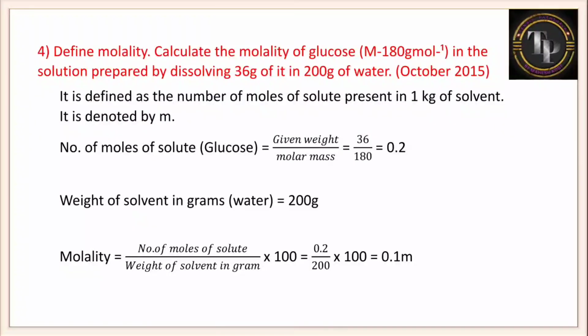So you will get 1 molal. You remember the formulas, guys, very important for such type of questions: molarity, molality, normality, mole fraction and mass percentage. Out of these, definitely you will get one question in the annual examination, midterm exam also.